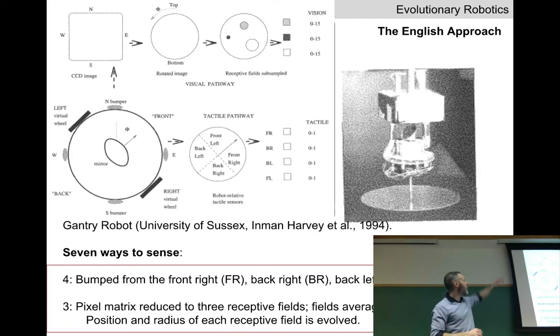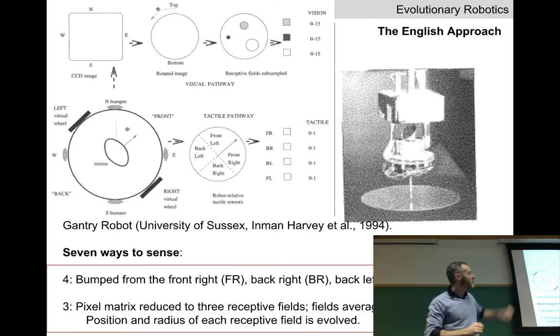They took the raw CCD image, the raw pixel image, and transformed it a little bit into polar coordinates, so we have a circle. This circle would be a distorted camera image showing a 360-degree view. They have all these colored pixels in this raw video image.